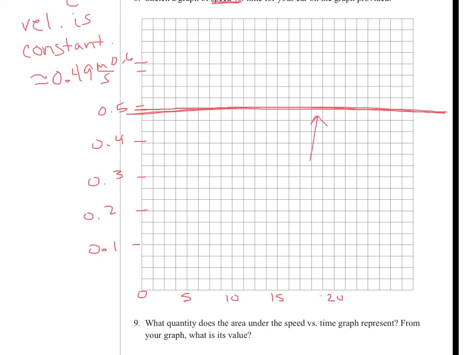And this horizontal line, of course, would then have a slope equal to 0. That means there is no acceleration. You're going at a constant velocity. Your velocity is not changing. And that's what we expect. We would not expect our velocity to change in this situation.